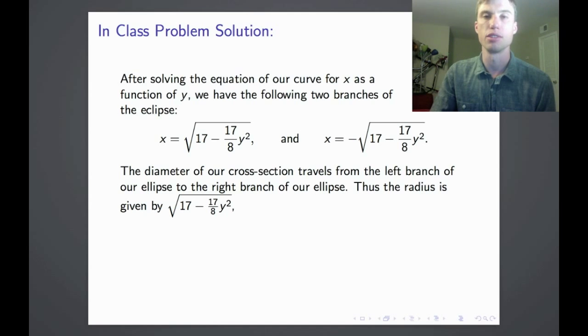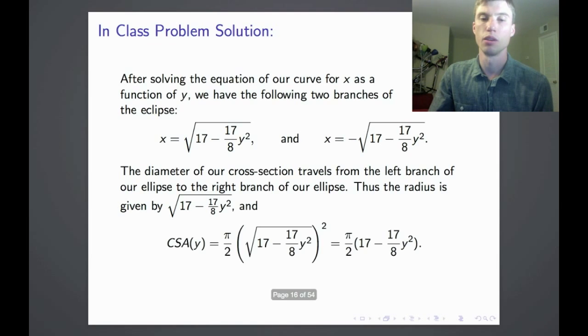In other words, it's just the square root of 17 minus 17 over 8 y squared. So cross-sectional area was 1/2 pi r squared. We found the radius. We can plug the radius in, and after squaring out the square root, our cross-sectional area as a function of y is pi over 2 times 17 minus 17 over 8 y squared.